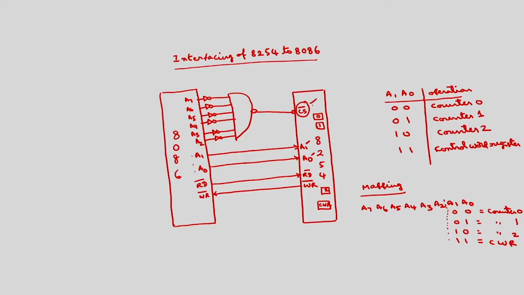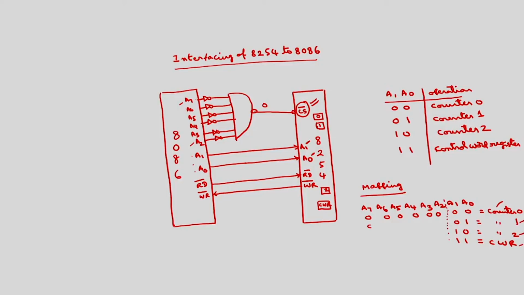So how to select the chip? For that CS bar should be equal to 0. For what values of A7 to A2 will this output be 0? If all are zeros then only the output is 0. This should be all zeros whether you want to select counter 0, counter 1, counter 2 or the control register.